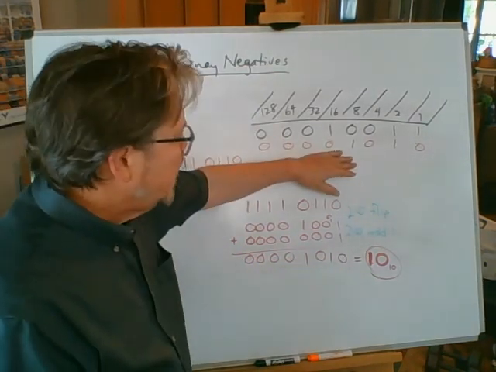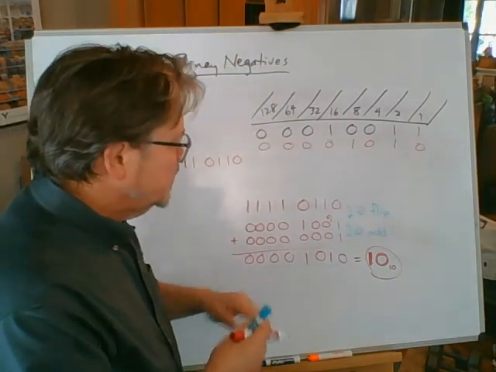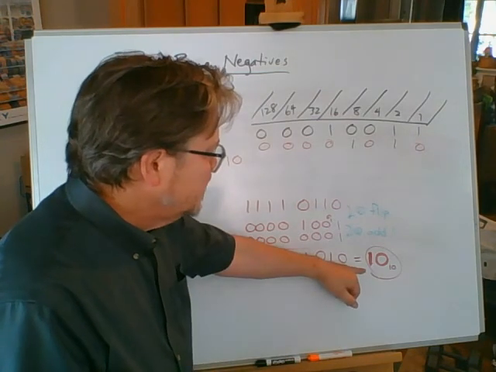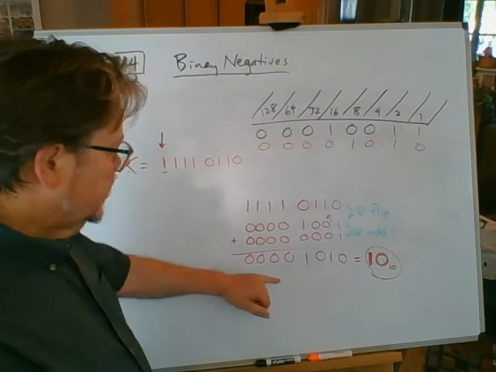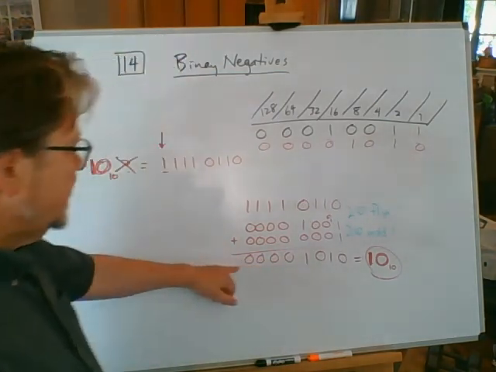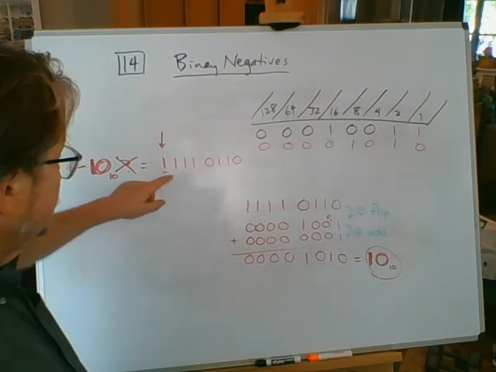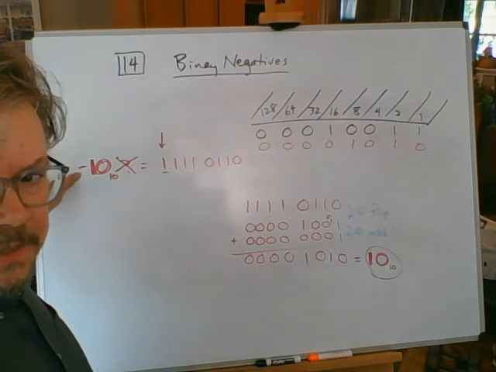Slap that on the place value chart, add up the place values: 8 plus 2 equals 10, which unfortunately still looks binary, but it's not. That's a 10. So, putting on our logic hats, if that's positive 10, and when I add it to my bit pattern I get 0, that means this must have started off as negative 10.